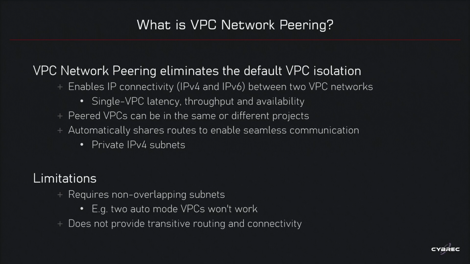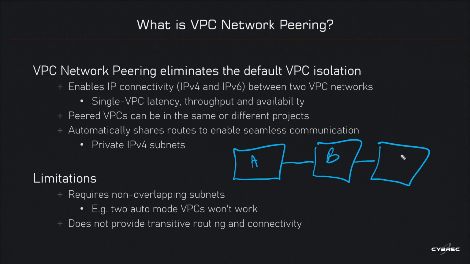The second limitation is that VPC peering does not provide transitive routing or communication. What I'm trying to say is that if you peer, let's say, VPC network A and B, and then B and C, you create two VPC network peerings, one between A and B, and the second between B and C. It doesn't mean that A is going to be able to reach C or vice versa.